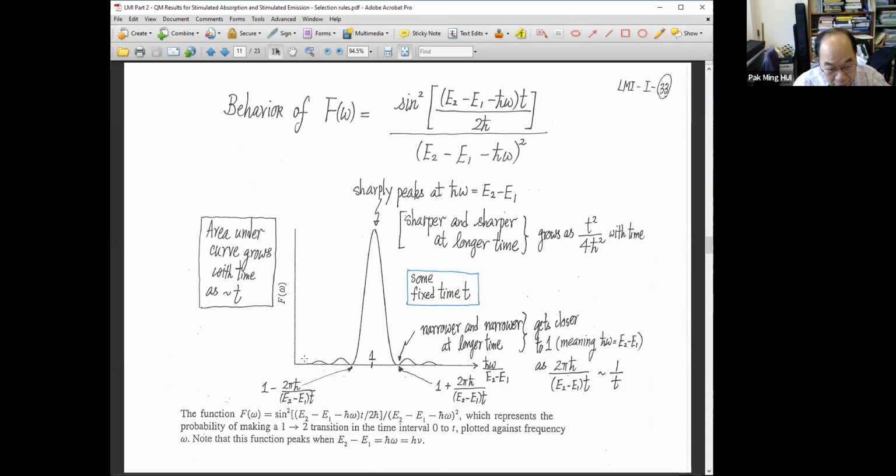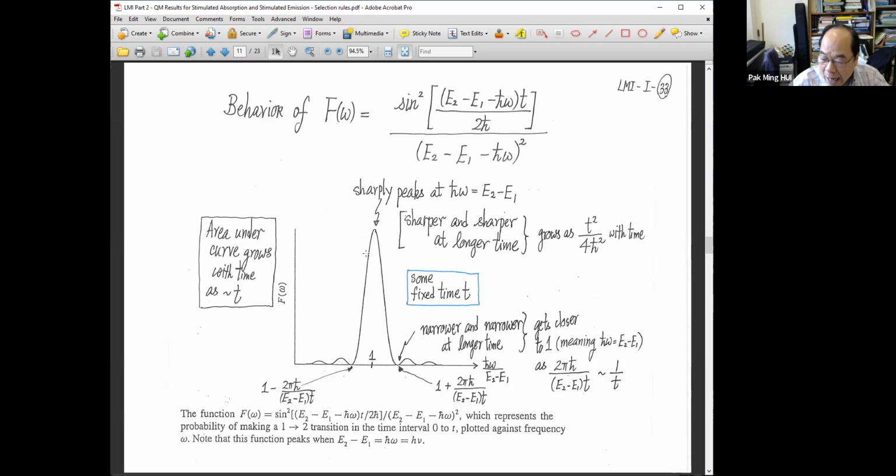It is slightly oscillating, but very small, and then it hits a rather sharp peak, and then comes down again, oscillating a bit. So this is the function F of omega. All right, now let's analyze the feature in more detail. This is not easy, but try to focus for 3 minutes, and then you will understand this once and for all.